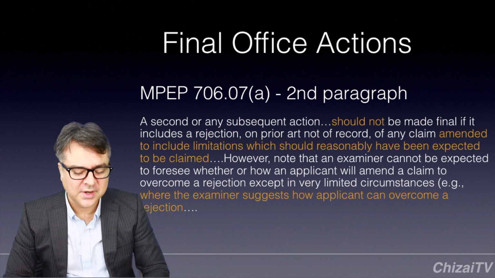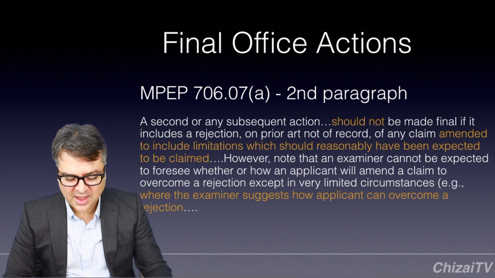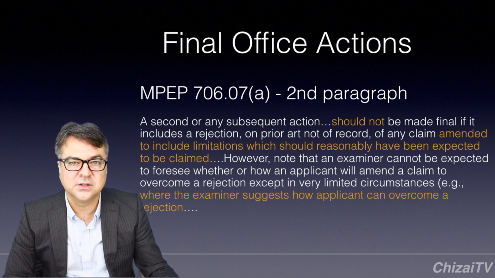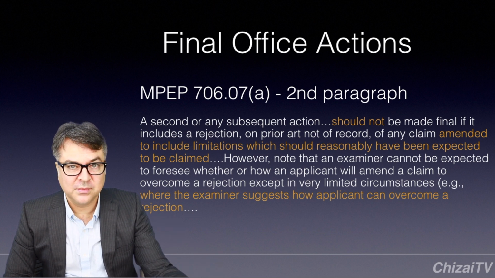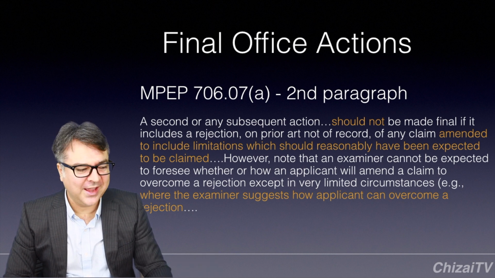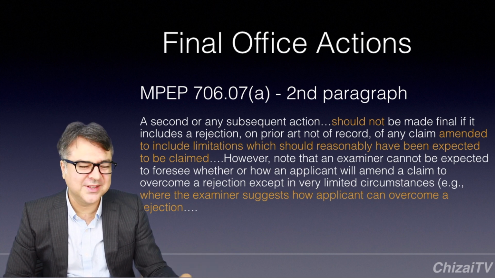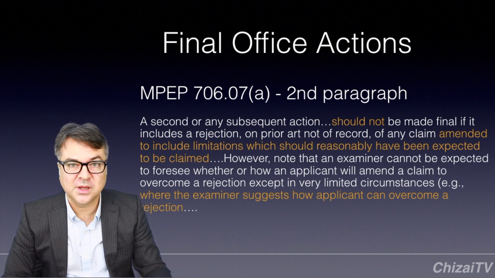That's not really proper. An example is where an examiner suggests how an applicant can overcome a rejection. The examiner says, why don't you make this amendment to the claim? You do the amendment, and then the examiner rejects your claim again and makes the action final. It's really not proper to do that, but it happens sometimes.